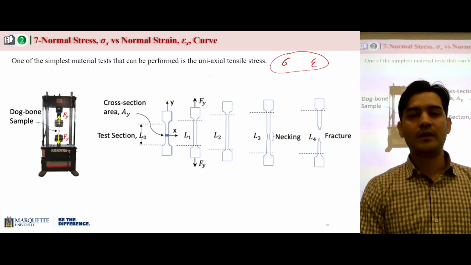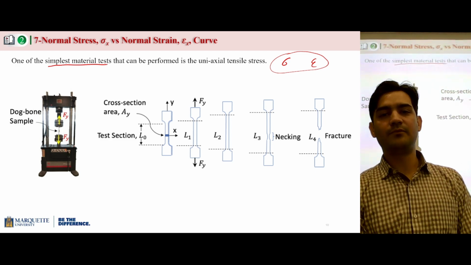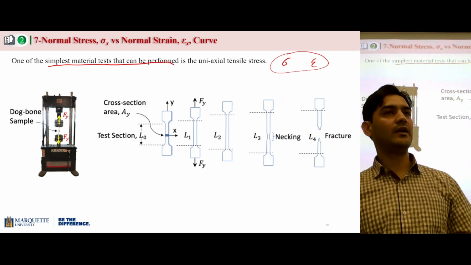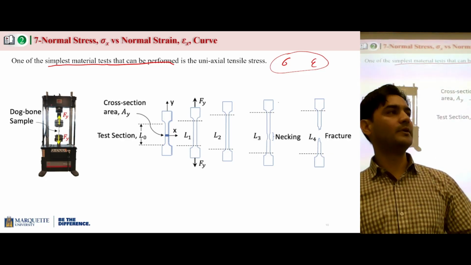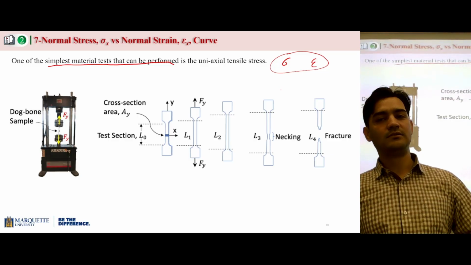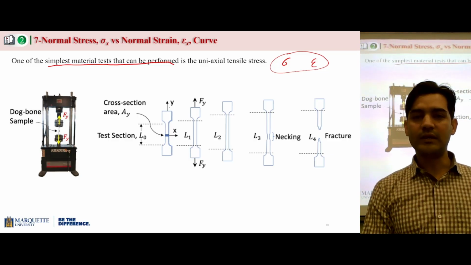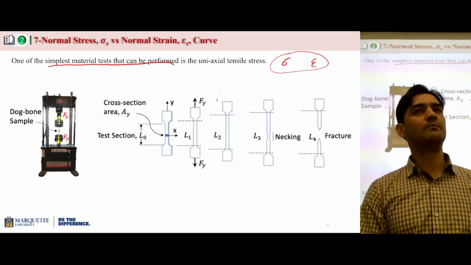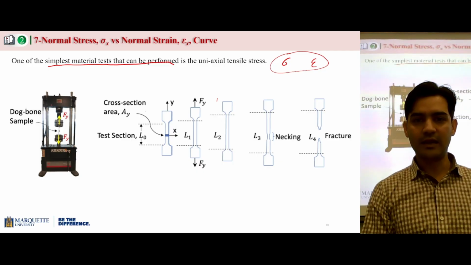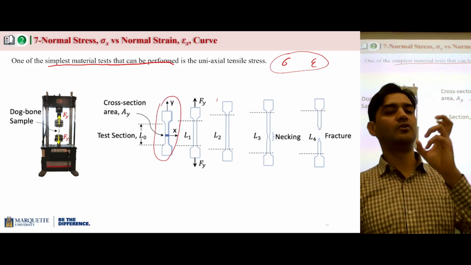So this is one of the simplest tests that can be performed on any material. If you want to know the material properties, that when material will fail, how much it will elongate, what is the elastic strain, what is the plastic strain, and when it will fracture, you can do that by taking that material and carving it into this shape, which is called a dog bone shape.